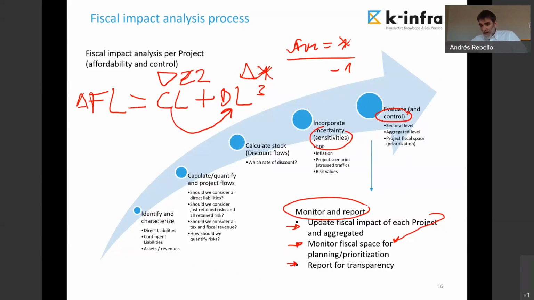So when I am bringing to net present values the value of the contingent liabilities, I should use the risk-free rate. But for the direct liabilities, it should be the implicit financial rate of the SPV, so the weighted average cost of capital.